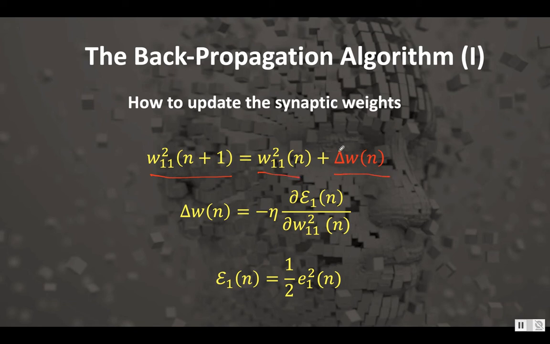The delta W(n) equals minus eta multiplied by the derivative of the cost function with respect to W211. This is nothing but the steepest descent method.